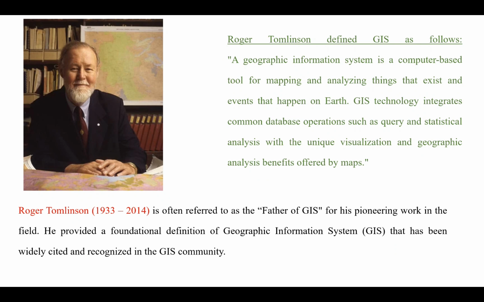GIS technology integrates common database operations such as query and statistical analysis with the unique visualization and geographic analysis benefits offered by maps. So we're going to do a bit of the history. Where did GIS come from and what has Roger Tomlinson to do with it, as we go ahead.